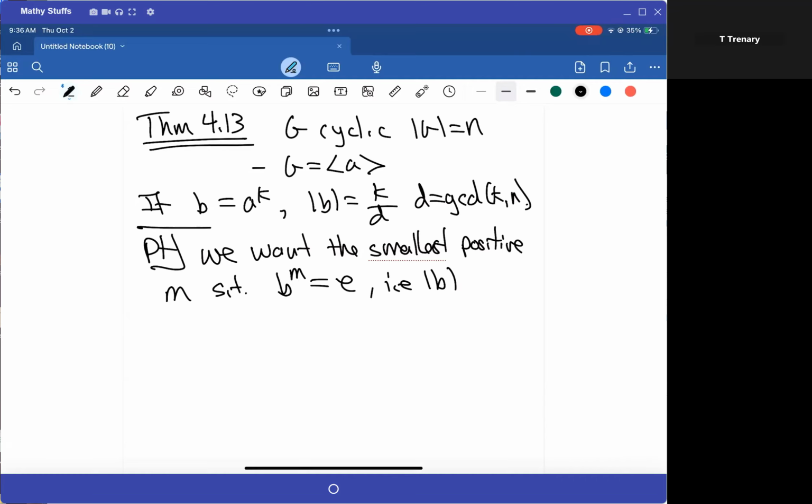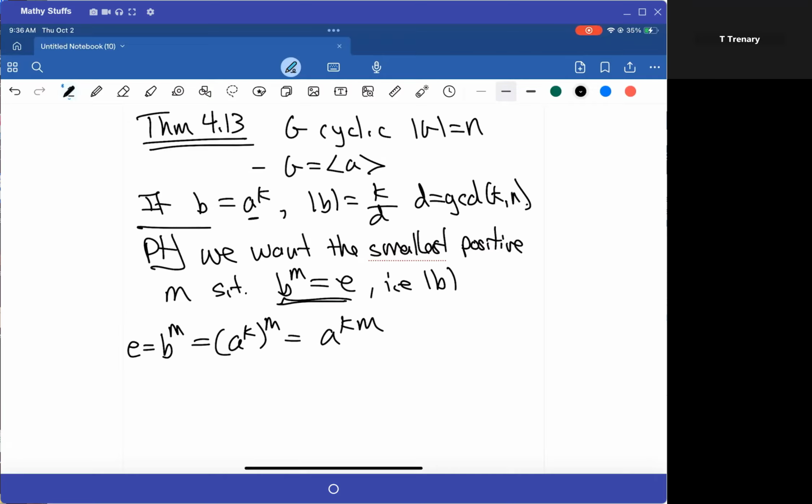So what would this mean? We're going to translate this back into this a to the k form that we have. So b to the m, let's put e equals b to the m equals a to the k to the m equals a to the km.